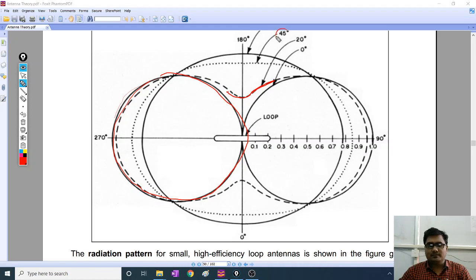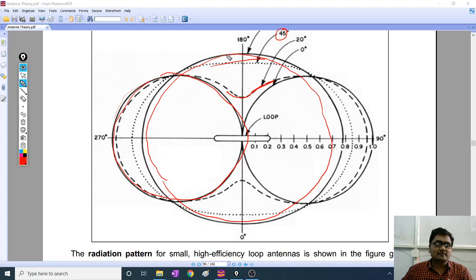If I change it to 45 degrees, this will be the radiation pattern. What radiation pattern do we get for 180 degrees? This is the radiation pattern for 180 degrees. Note that it is not an exact circle, not a perfect sphere. It is something like an elliptical shape. So the radiation pattern changes if I change the feed position.